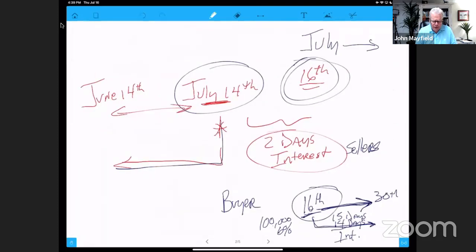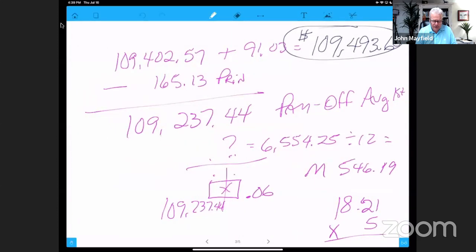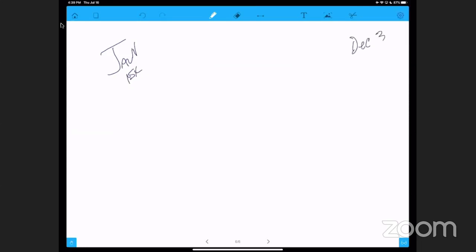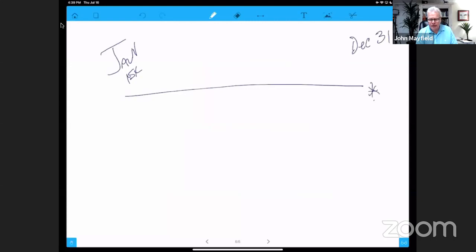When you pay taxes on December the 31st, so it's January 1 here, and it's December 31 here, when you make your taxes at the end of the year, you're actually paying for the previous year. So when we pay our taxes on December 31st, 2020, I'm actually paying for the year of 2020.